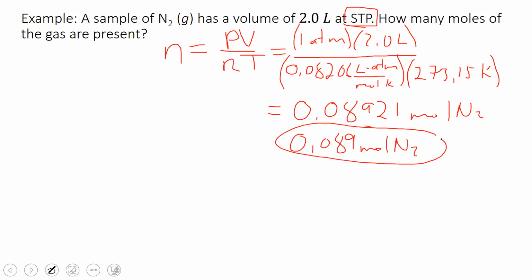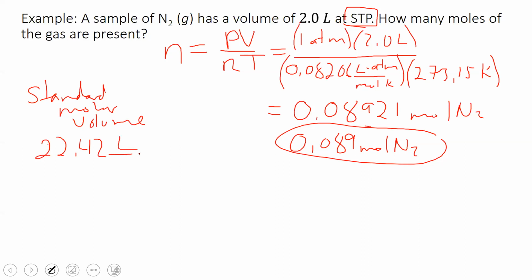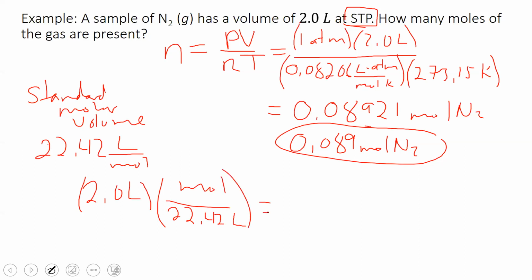Okay, so you could do it that way. That's one way. But you could also, assuming you know the standard molar volume, that it is 22.42 liters per mole, the volume that 1 mole of a gas occupies at standard temperature and pressure, just say 2.0 liters at STP divided by the standard molar volume, and that will give you the number of moles.